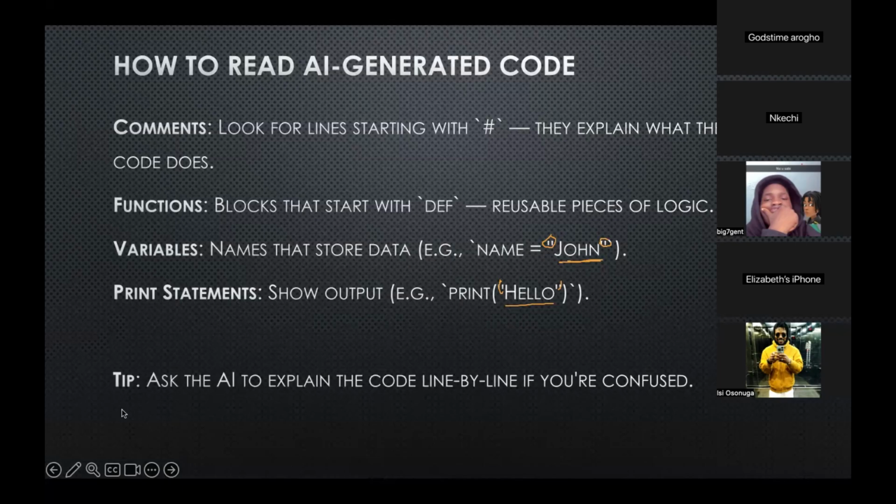So let's move on. Ask the AI to explain the code line by line if you are confused. Yes, this is a very good tip. I've always said this. Anytime you are confused or you encounter issues when asking your AI to code, always learn to take the error message and put it back and ask the AI to explain. Also, sometimes you may see a function and wonder, what does this function do?